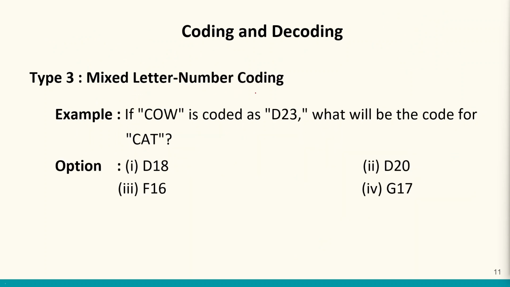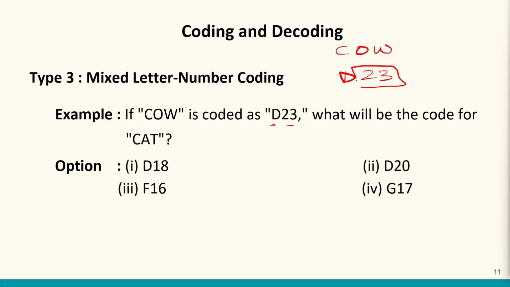Then mixed letter number coding. So this word is coded with the help of an alphabet and also a number. So let us find out. If you know ranking, just by the look of it, if cow is coded as D23, just by looking at it, I can say that 23 is the rank for W. W has a forward rank of 23.